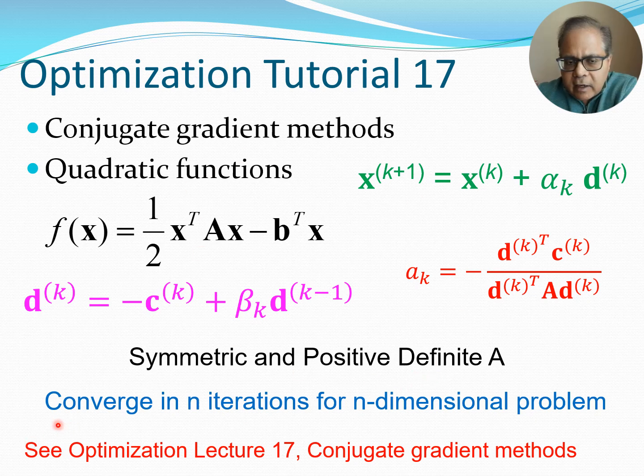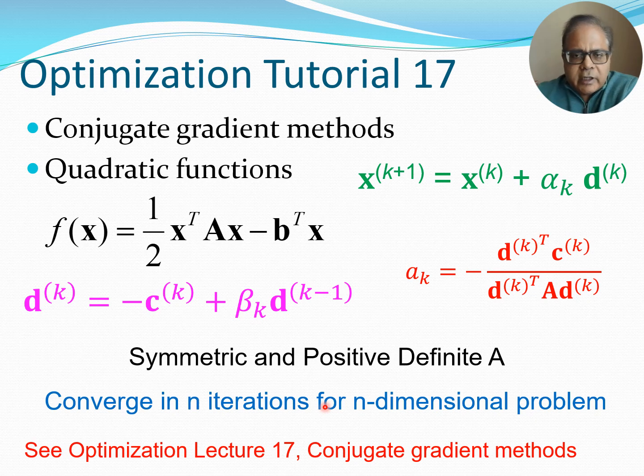And we also saw that there is this particular theorem which I have proved in lecture 17. You can look at that lecture as to how this particular proof comes about, because it is a very interesting exercise in matrix theory in terms of the concepts such as conjugate gradients and so on.